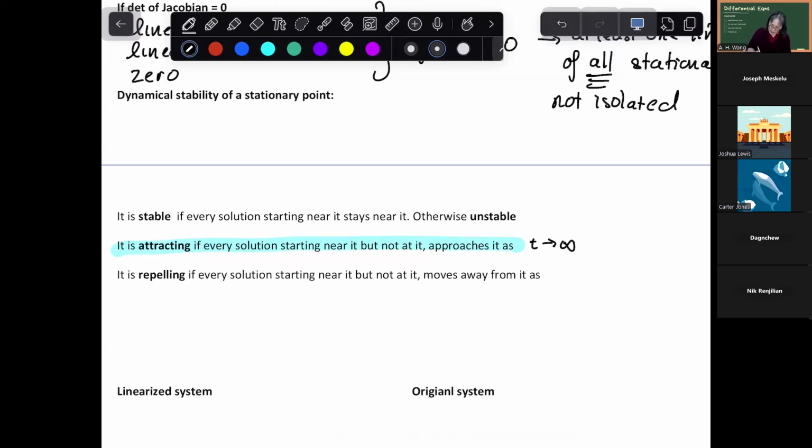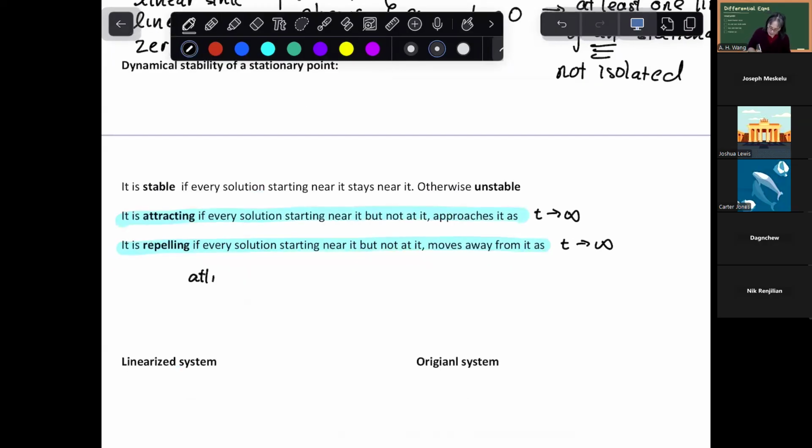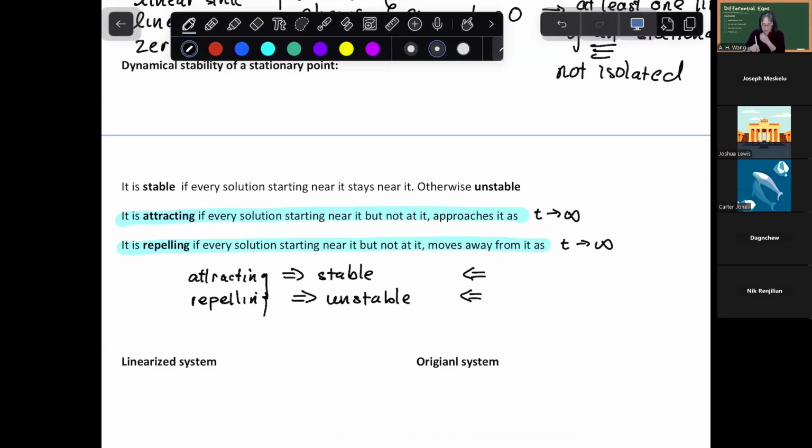And it's repelling if, starting near it, every solution moves away, again as you run time forward. Notice that if it's attracting, that automatically means stable, and if it's repelling, it automatically means unstable, but it's not the other way around. For instance, if you have a center and you're circling nearby, you stay nearby, but that's not attracting. So this is not necessarily the case.